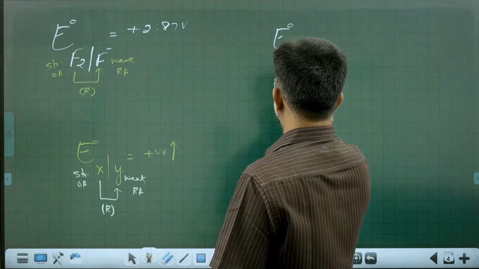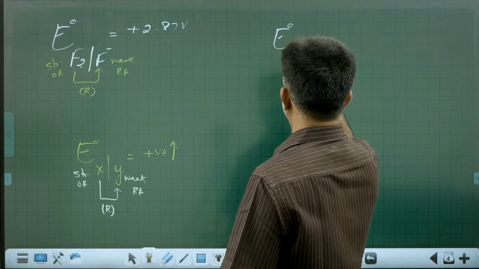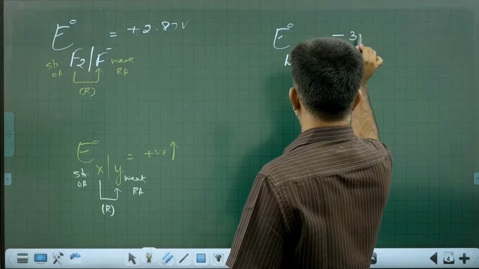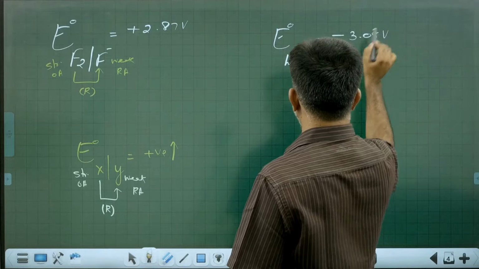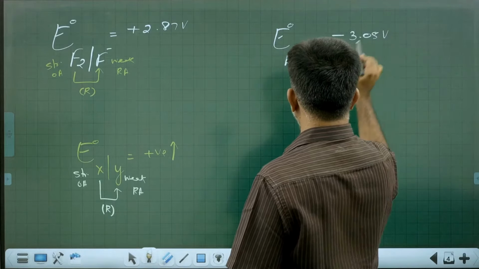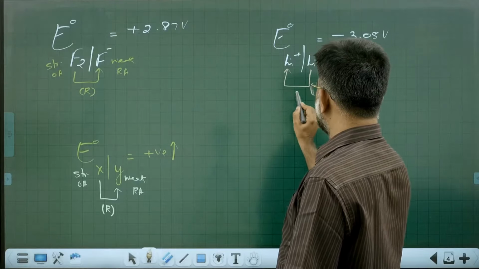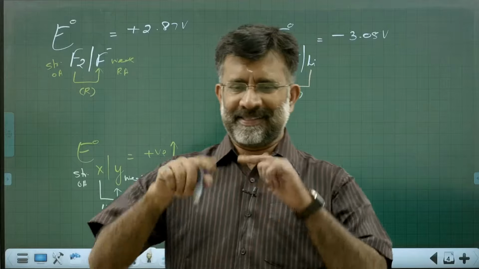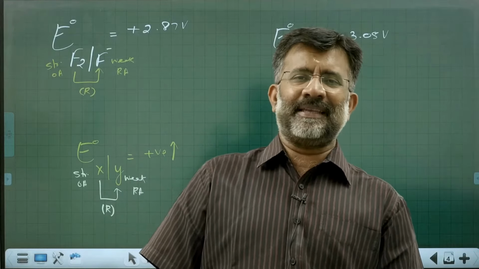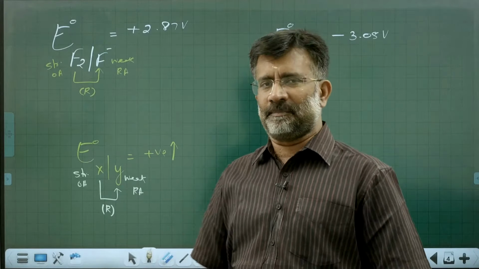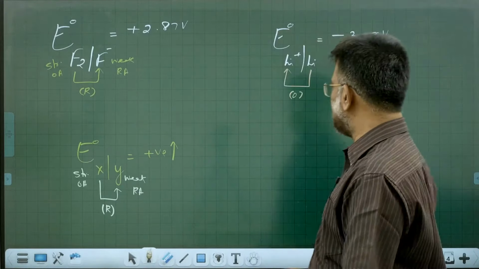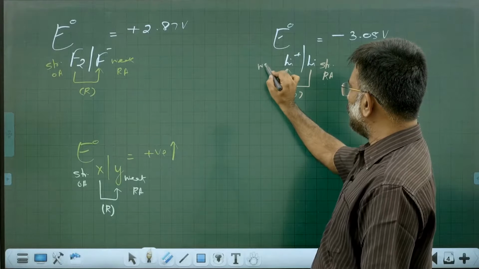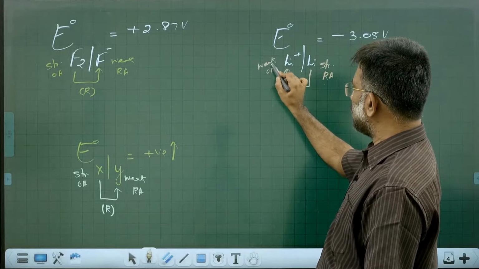the E naught value of Li+|Li, which is high negative, minus 3.05 volt. What does that mean? This means that lithium is easily oxidized to lithium ion. Just opposite. That means this is a strong reducing agent and this is a weak oxidizing agent.